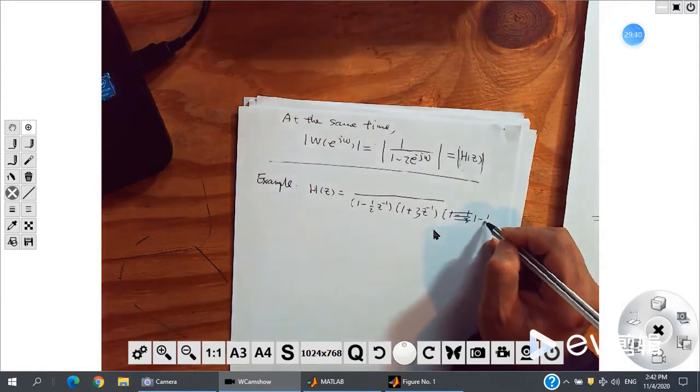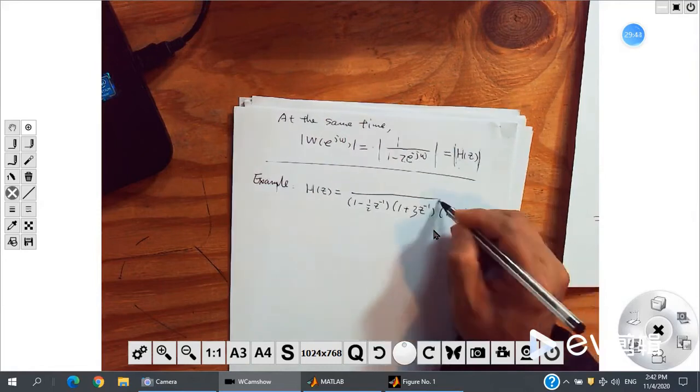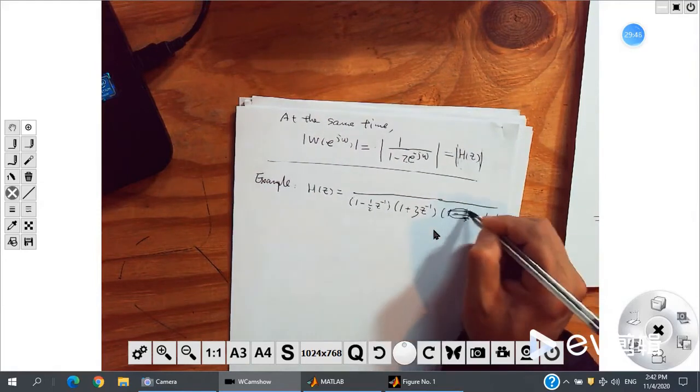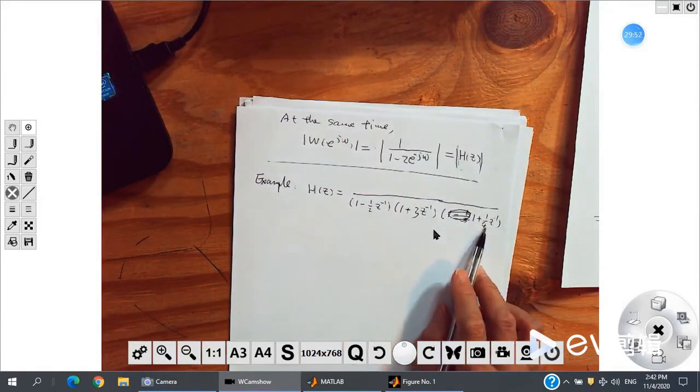Then 1 minus 1/4 z to the negative 1, plus, like this. So we have 3 poles: 1/2, negative 3, and negative 1/4.